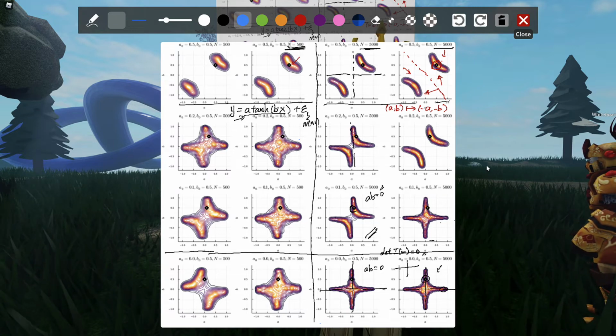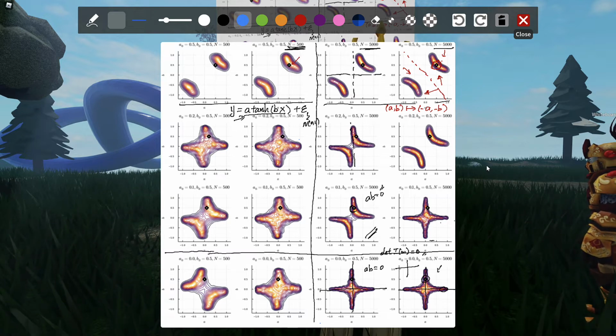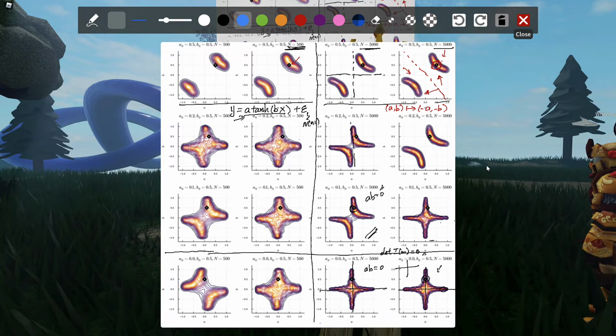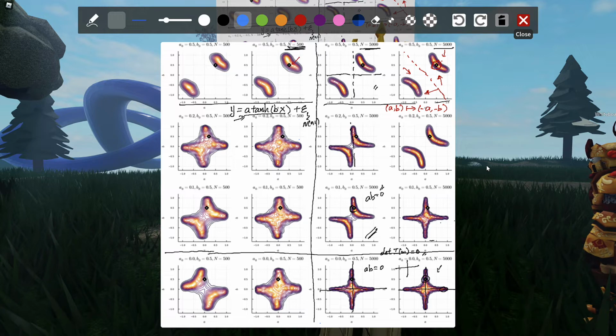So this may or may not be what Watanabe meant by the discovery process, which is: as n becomes really large, if your true parameter is not on the degeneracy set, locally it's going to look like a regular model.